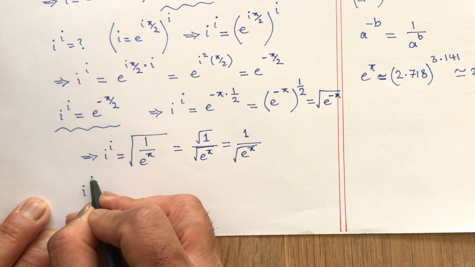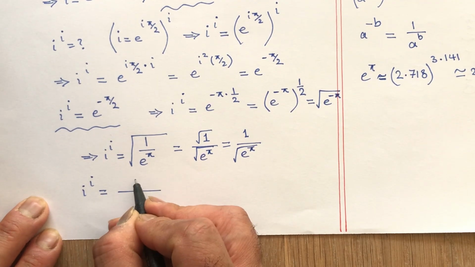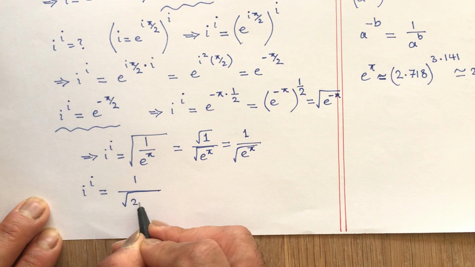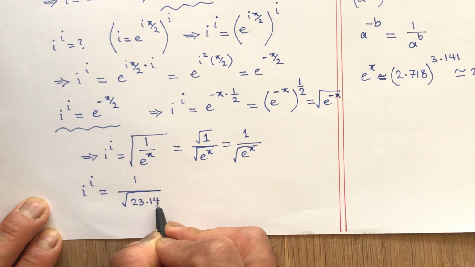So i to the power of i equals 1 over the square root of 23.141.